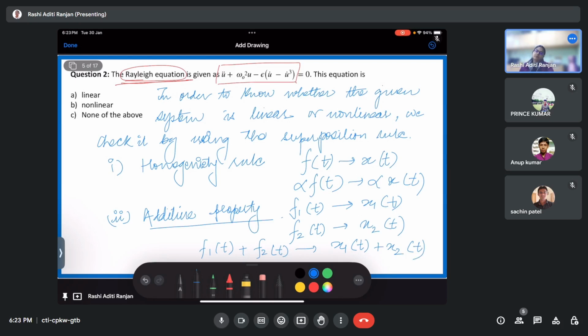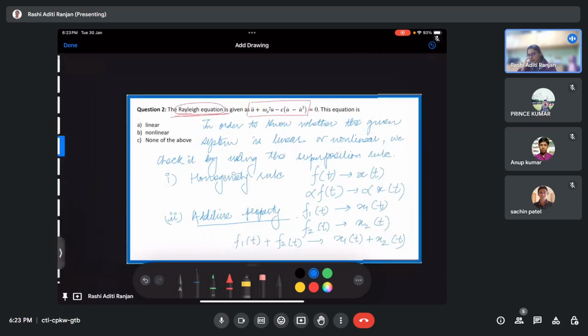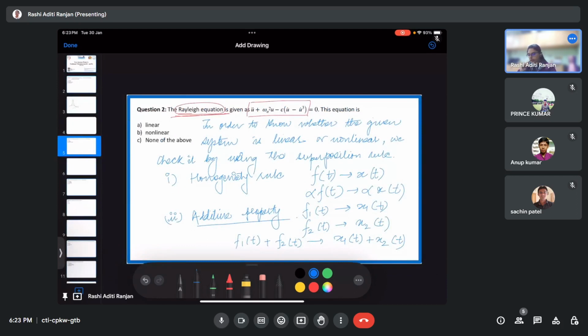Now we'll be using this same property in order to know whether this given equation is linear or nonlinear. Although if you see this equation minutely, you'll get to know whether it's linear or nonlinear. But let us just go with this so as to develop an understanding of how we are able to solve this.